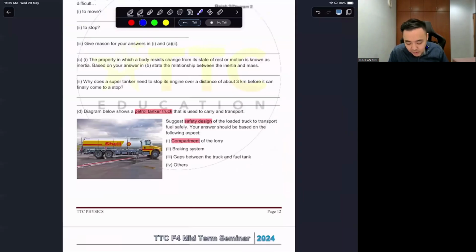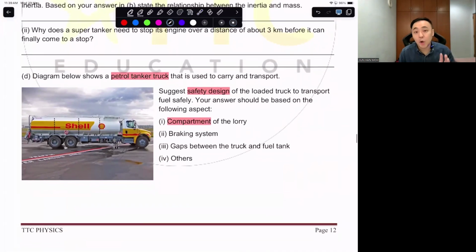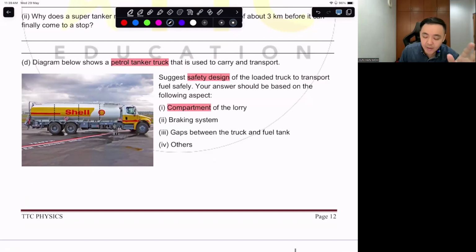Whenever we talk about this kind of design essay, a design essay has no table, which means you have no conclusion. Your final point, you don't say that therefore the most suitable truck is like this. No. Again, I said already, the essay is 10 marks.